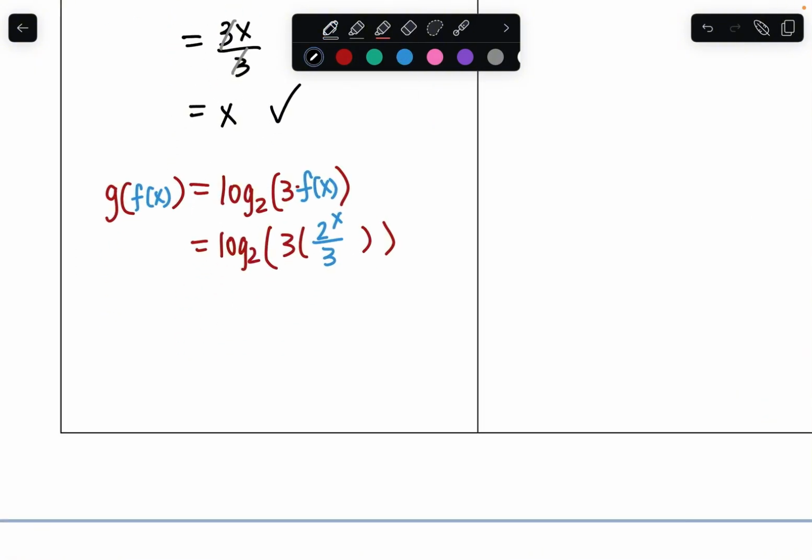Okay, so for my first cancellation, these 3's can actually cancel right off the bat. And then I see a log base 2 with an exponential base 2, which leaves me with just x. And so we proved both directions.